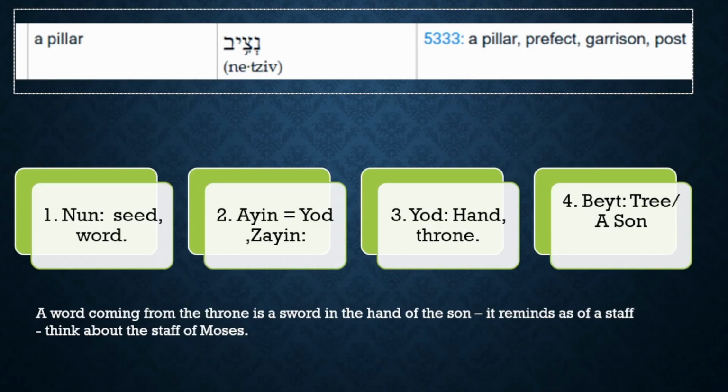So the first word, nun, means seed or a word. Ayen here is then referring to the composite of ayen, which is a yod and a zayen. So you see an eye, then if you look at yod zayen, you see a throne showing its sword.